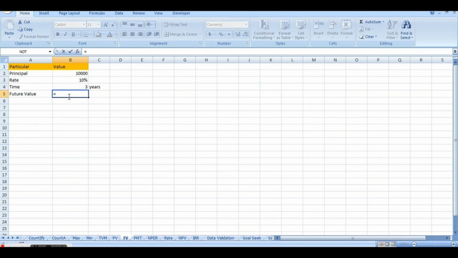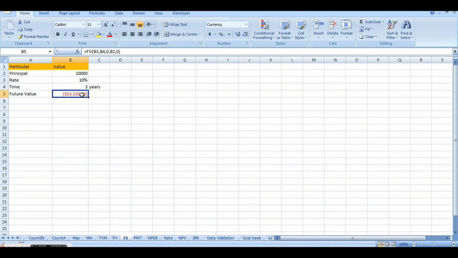The formula for that is FV, future value. Again it asks for rate, that is 10%, number of periods 3, PMT, payment interval payments are 0, present value, here now we have present value instead of future value, and type, there is no type here, you can simply press 0 and go for it.